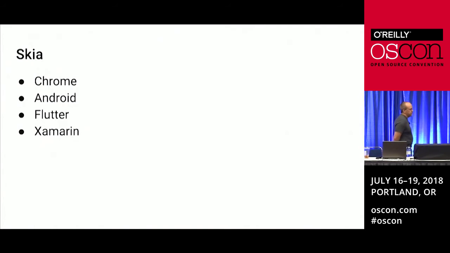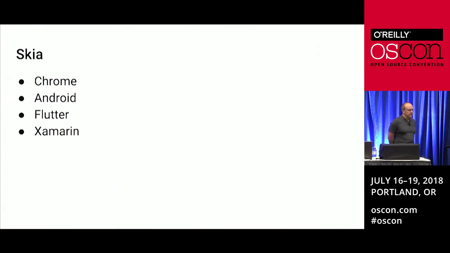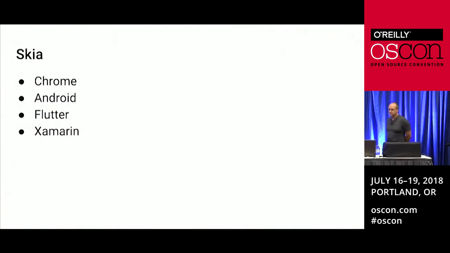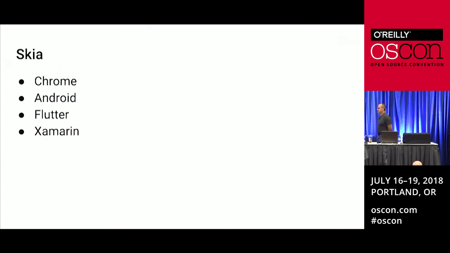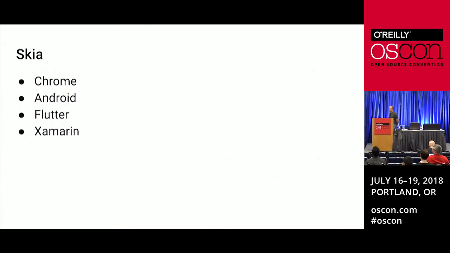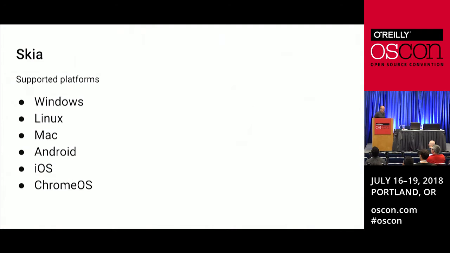It is the 2D graphics rendering engine underneath Chrome, Android, Flutter, Xamarin, and lots of other products that we don't even know about because it's open source. Nobody has to tell us if they're using it or not. We are used by Chrome and Android, so we have to be used on a whole slew of different platforms. Right? Windows, Linux, Mac, Android, iOS, Chrome OS.